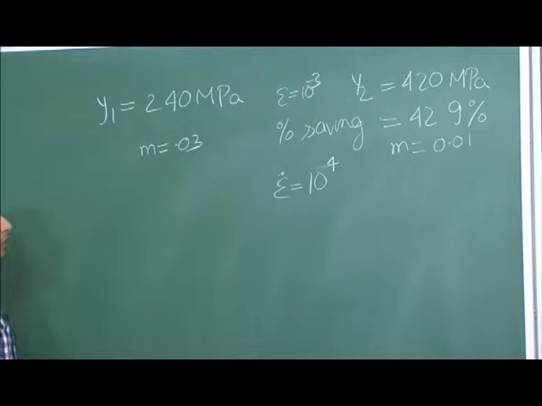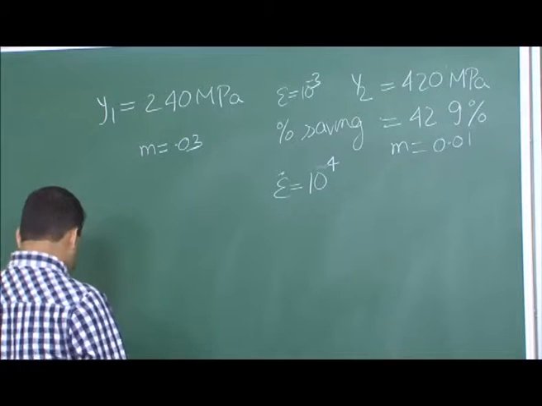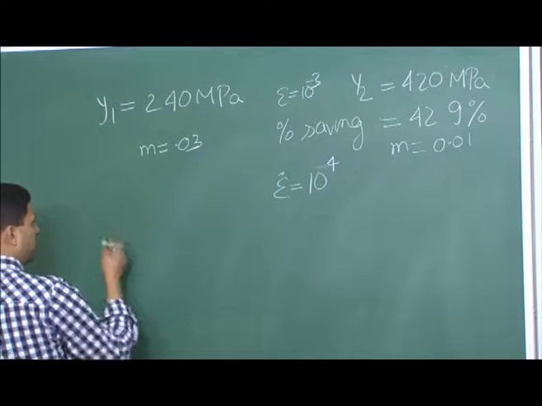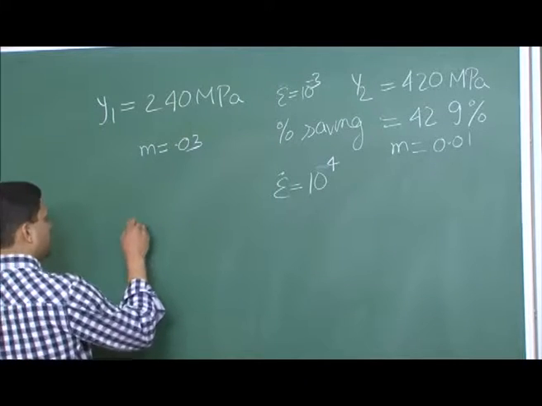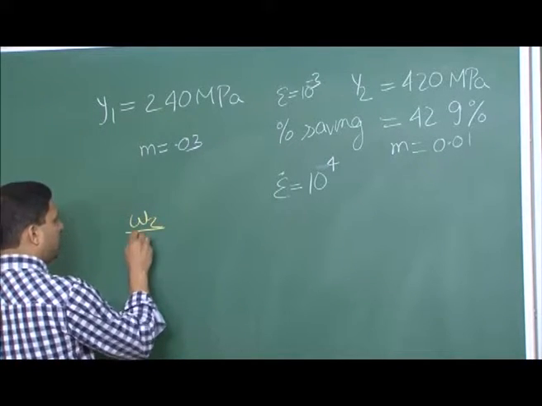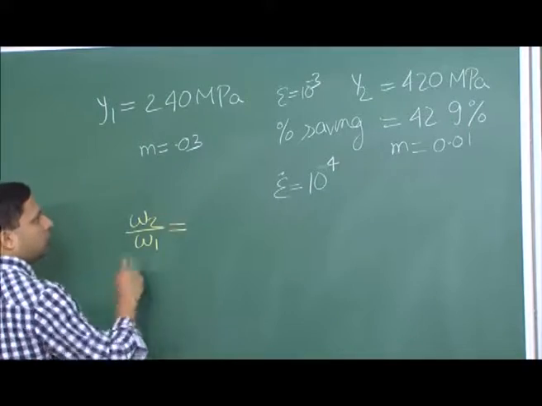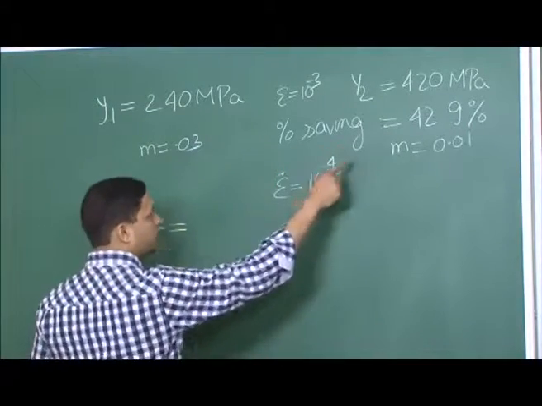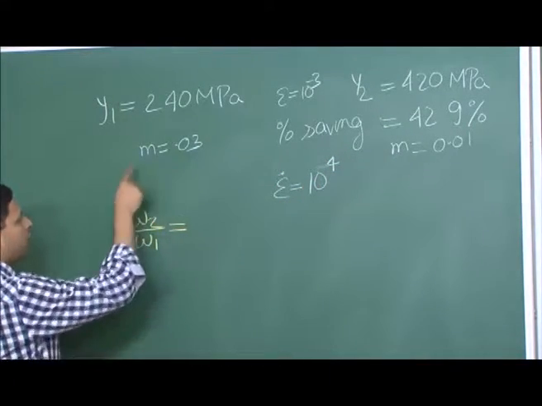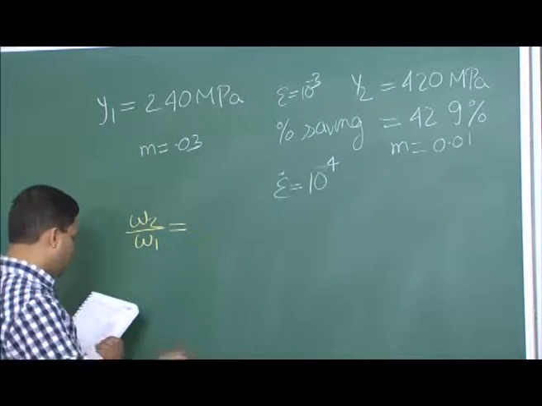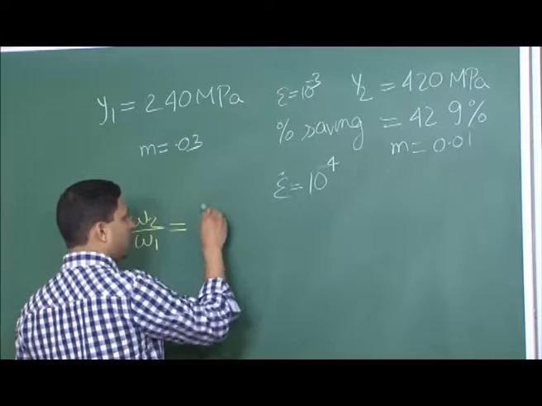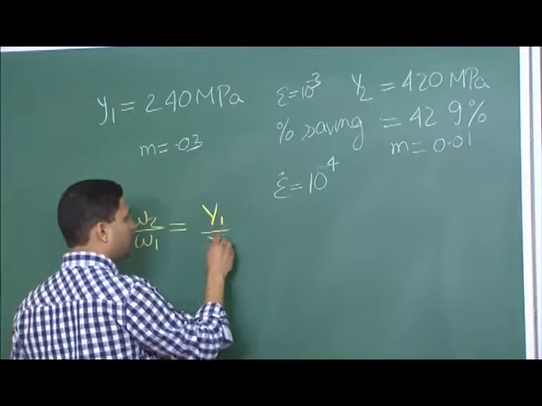So, now what we need to do is basically just like in the previous problem. W2 by W1, that is the weight of the second material divided by the weight of the first material, is in the same ratio as the thickness T2 by T1, which means it is in the ratio of yield strength of 1 by yield strength of 2.